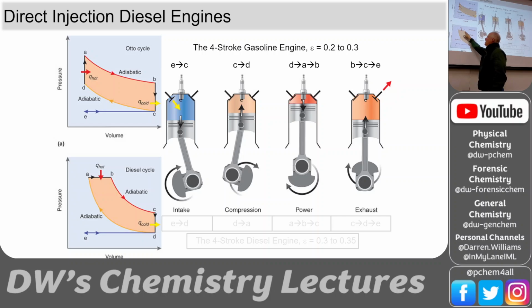We hit this adiabat at a really high temperature. It drops down to the maximum volume. We open the exhaust valve, do the intake, and then we have the compression stroke. So because we get a higher pressure and higher temperature out of diesel, that increases our efficiency. So they run at a higher pressure, mainly for the improvement in efficiency.